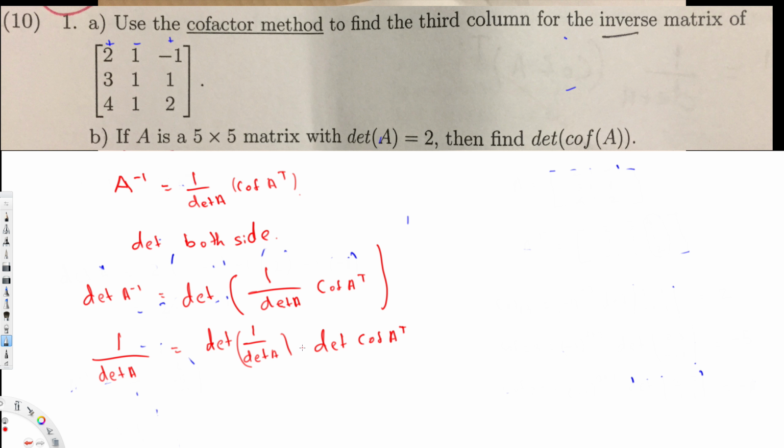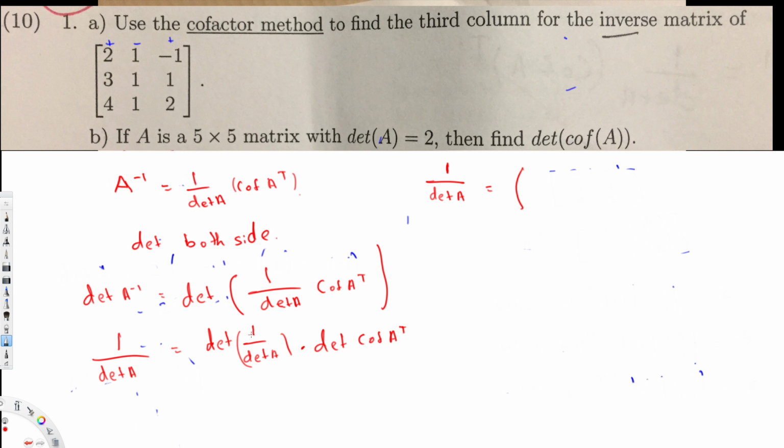So these are two different things. Then we can say this is 1 over determinant of A, and I can plug this value right here.